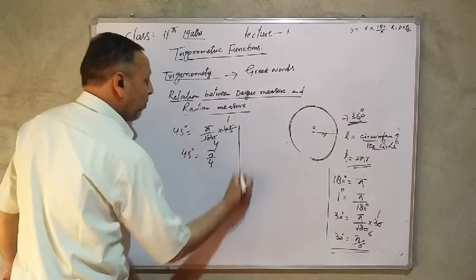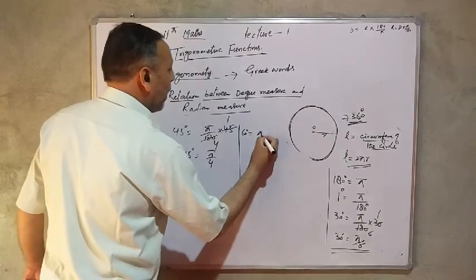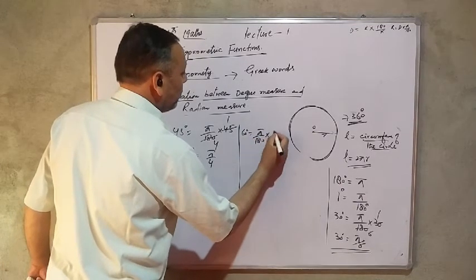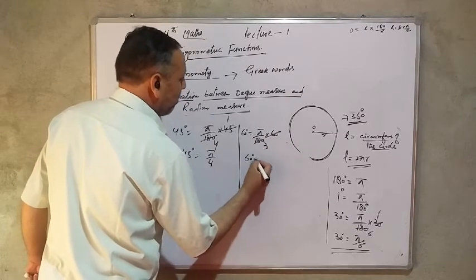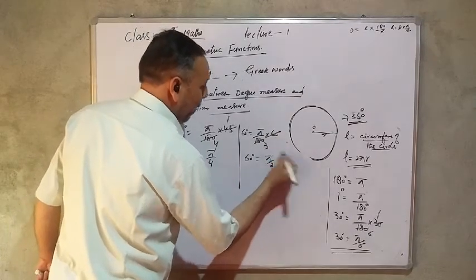60 degree. It will be pi by 180 into 60. 60 threes are 180, that means 60 degree is equal to pi by 3. And pi is in radians.